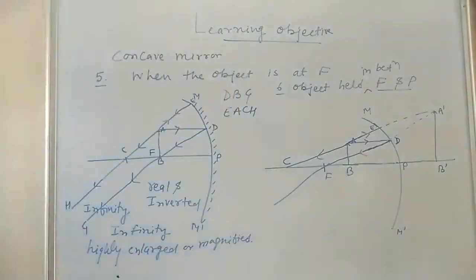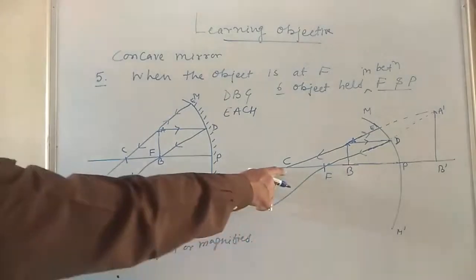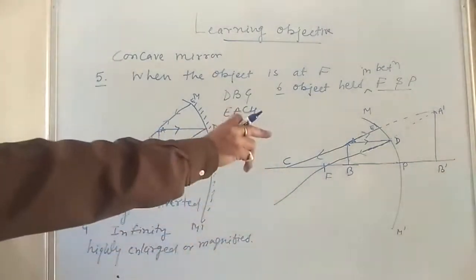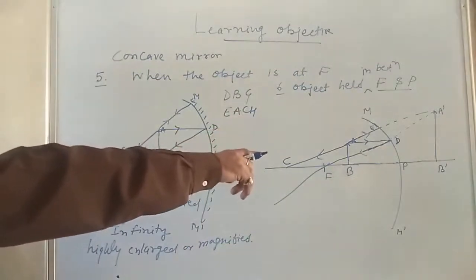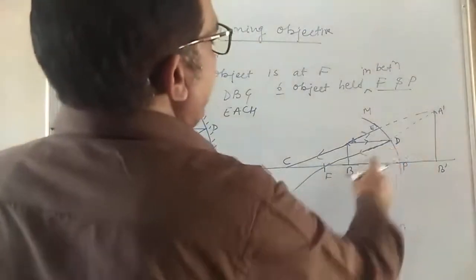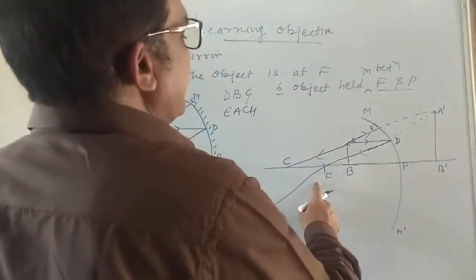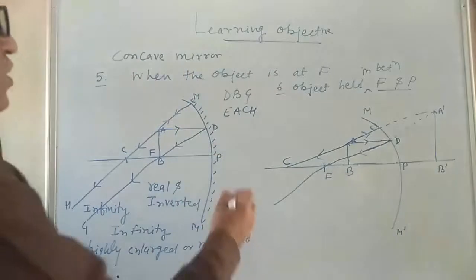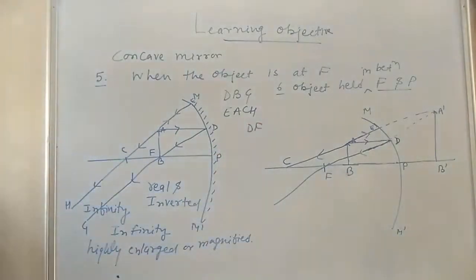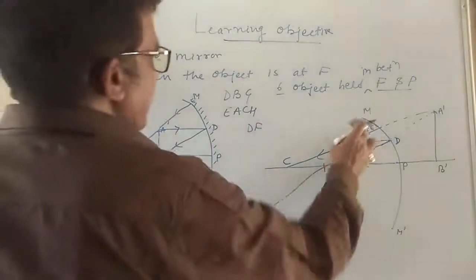Another ray AE starting from A passes through the center of curvature C. On reflection it retraces its path. So the two reflected rays DF, you can see here. Write down here, DF first, and second EAC.